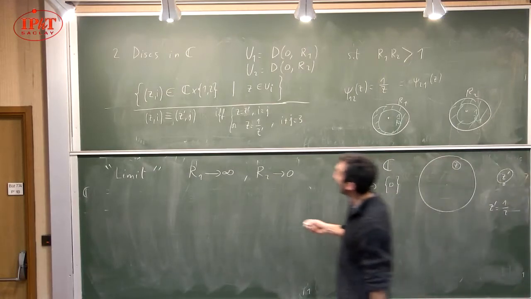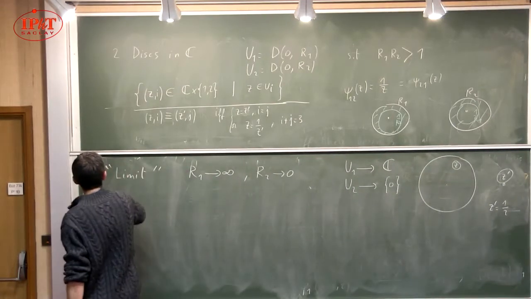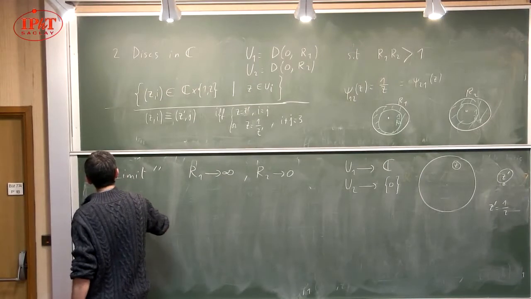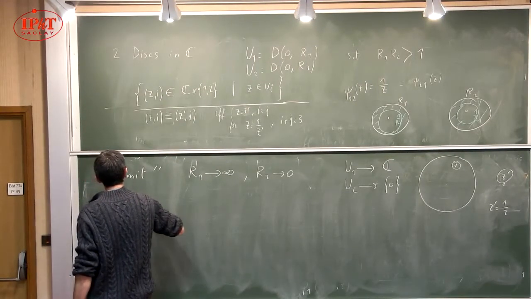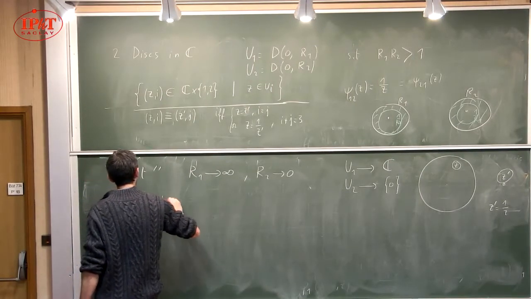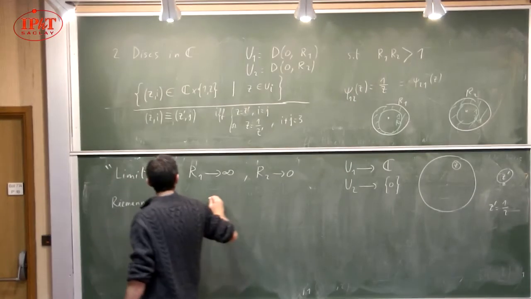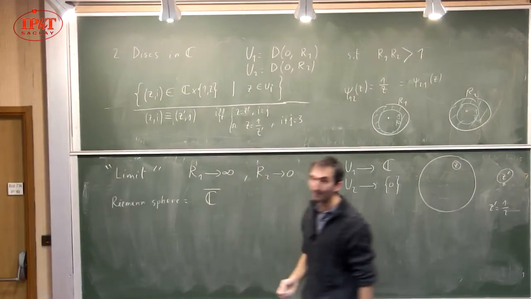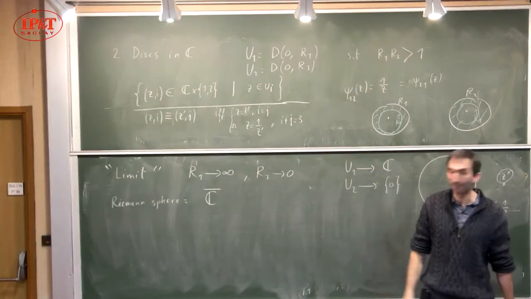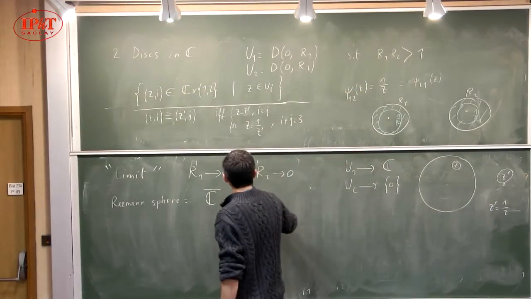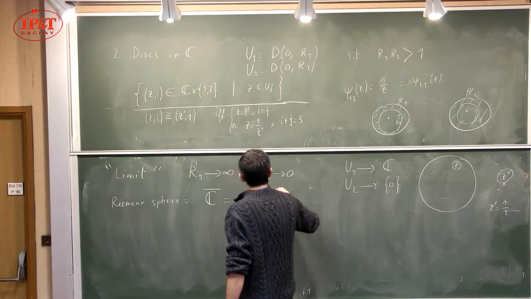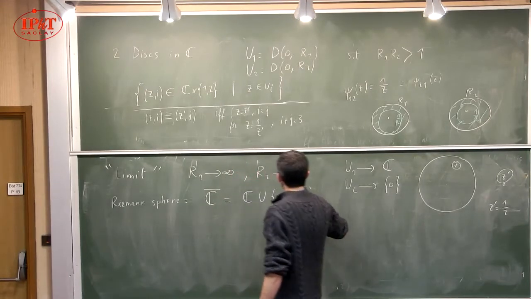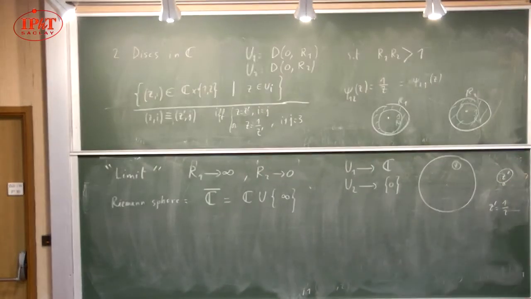So another way to define the Riemann sphere is what I will call C bar, because it will be a compactification of the complex plane. So it's C union just the point at infinity. But when you say that, you have to recall that for a compactification, you really have to explain how you glue.